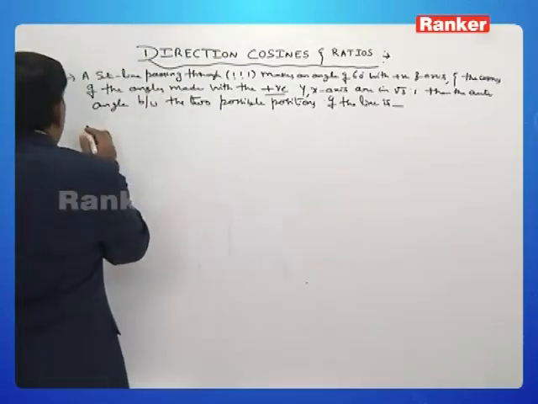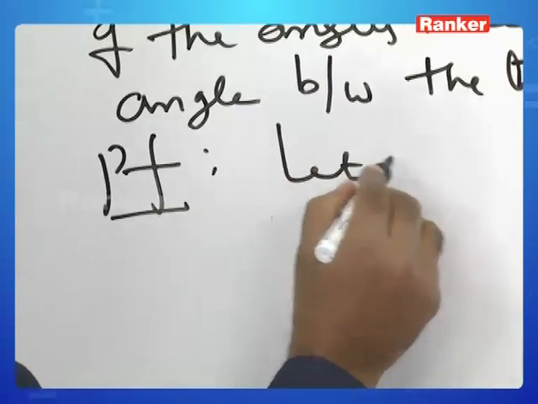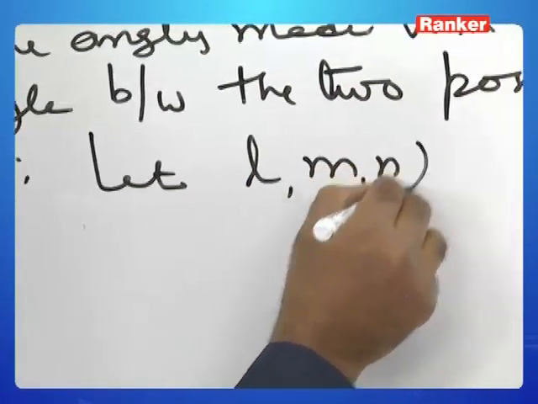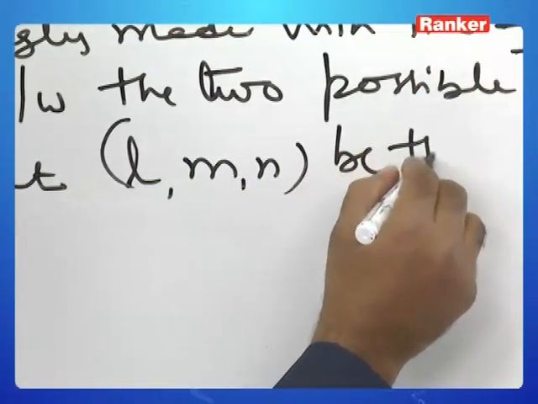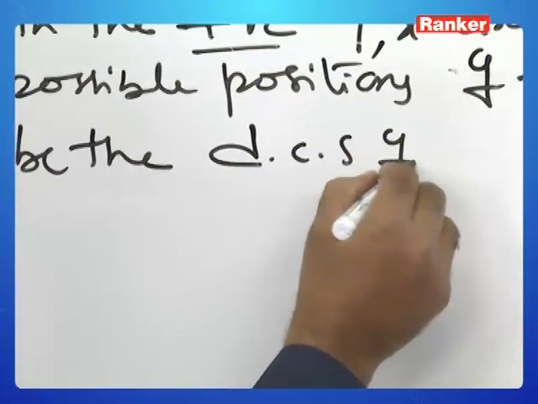The proof of this is very simple. Let L, M, N be the DCs of a line.